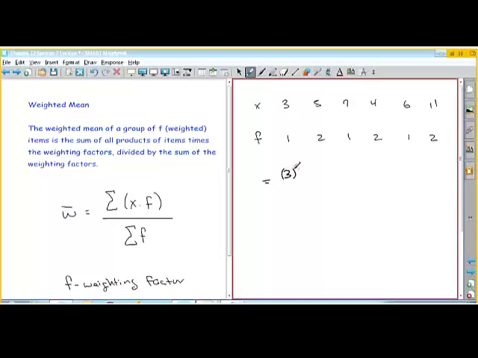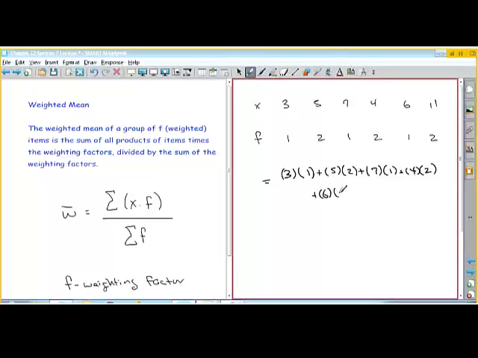It's just you've got to take your X value times the corresponding weighting factor, and then you just do that through your entire data set. And I just messed that up. You got to pay attention. So 7 times 1. So I'm taking this times that and adding them together.